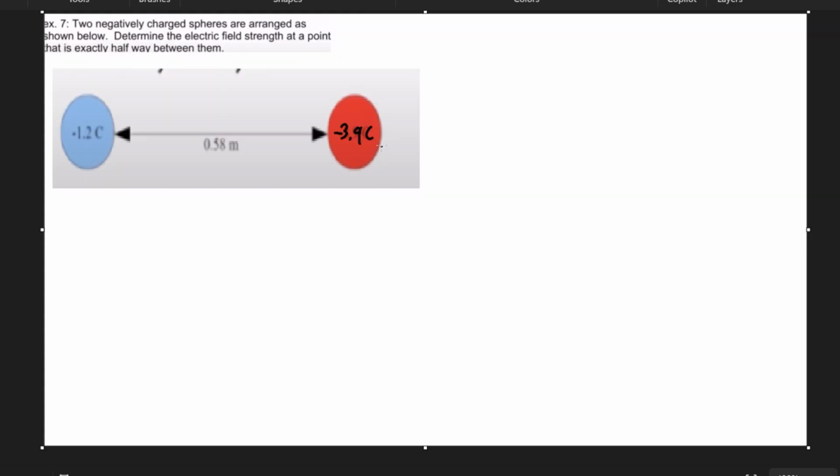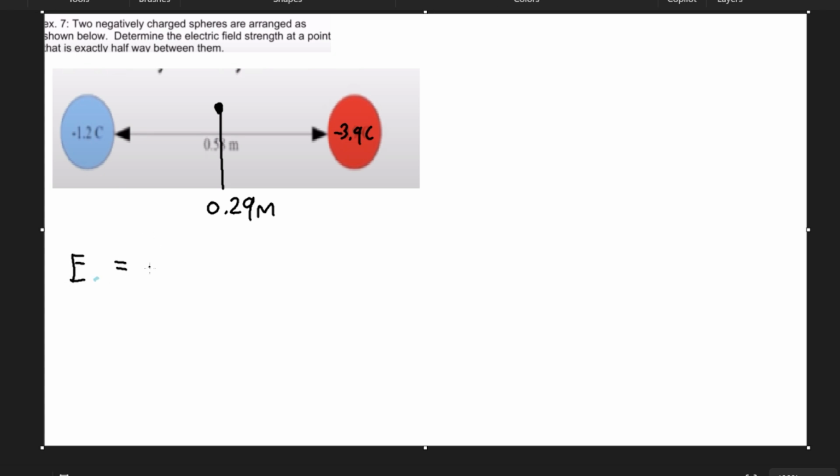So for these type of questions where there's multiple source charges, it's the same thing, you just do some vector addition. So the point is in the middle, right here, and the middle of the distance we just divide by 2, and it is 0.29 meters. So let's just do the calculation for the blue thing first.